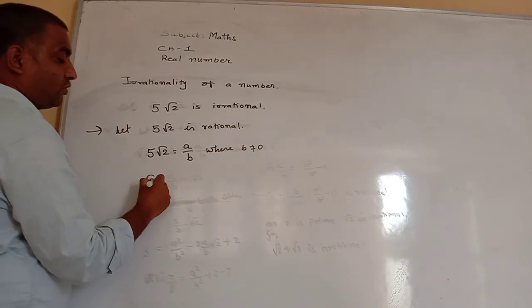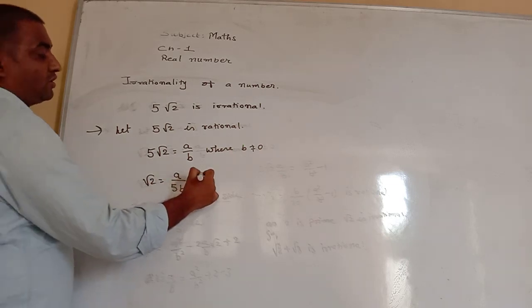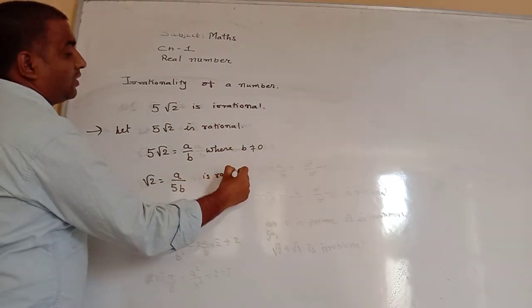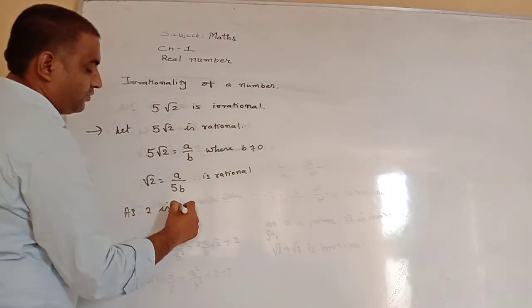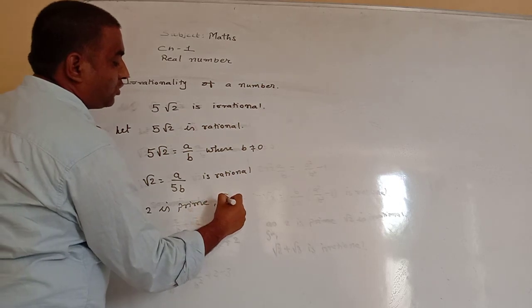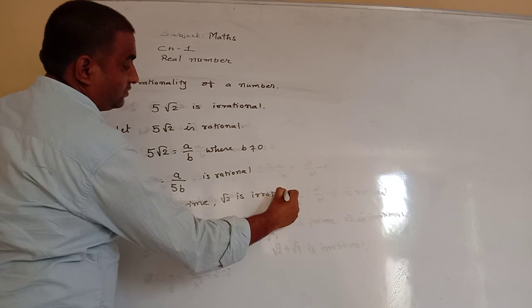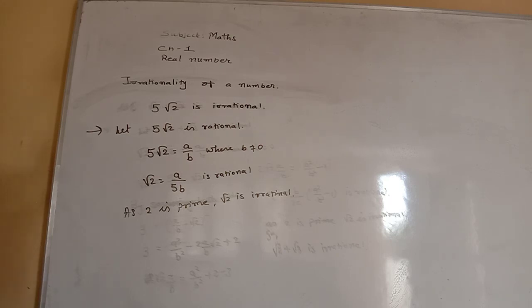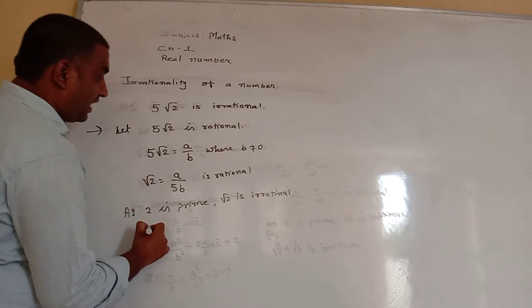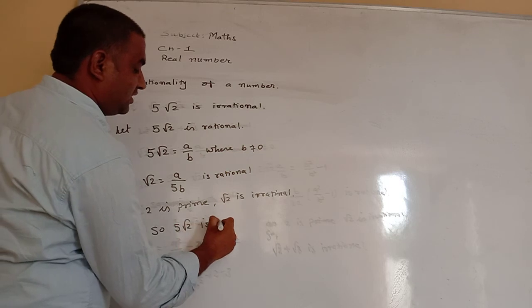And so we can write that root 2 equals a by 5b, which is also rational. But again we have, as 2 is prime, root 2 is irrational. So we are getting a contradiction with two statements, and so we say that our assumption is wrong, and so 5 root 2 is irrational.